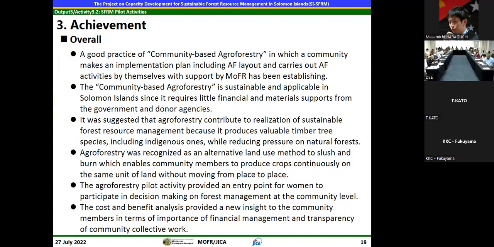In doing these activities, they know how to do proper reporting and manage their activities, as well as financial gains, which they can also share transparently with the communities. Yes.